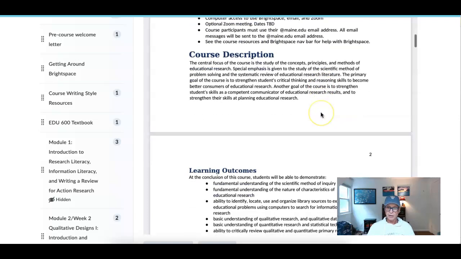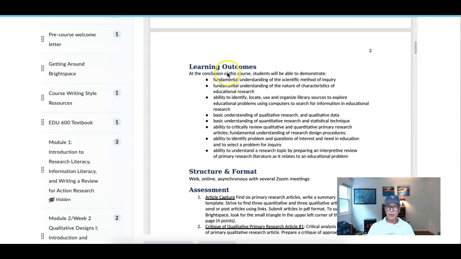So take a look at that. The learning objectives, I'll spend more time on when we meet in Zoom, but you can read these: the fundamental understanding of the scientific method of inquiry, understanding the nature and characteristics of educational research, the ability to identify, locate, and organize library sources to explore educational problems.